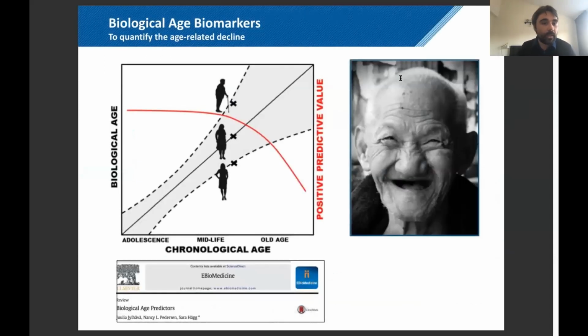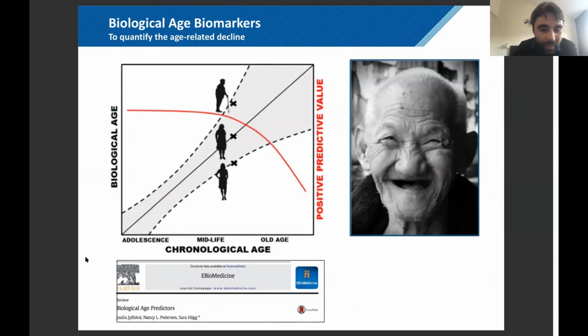So what is the aim of this research? What we try to achieve in aging research is to find good, suitable markers for biological age. Biological age is basically the discrepancy between your actual age and the age you are perceived to be.